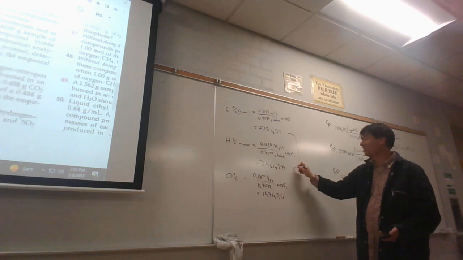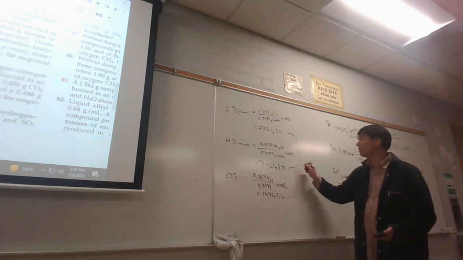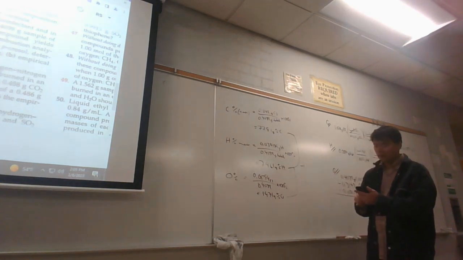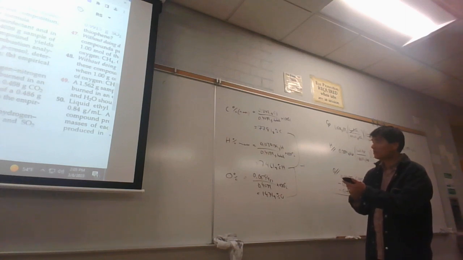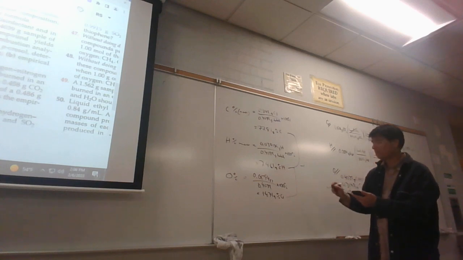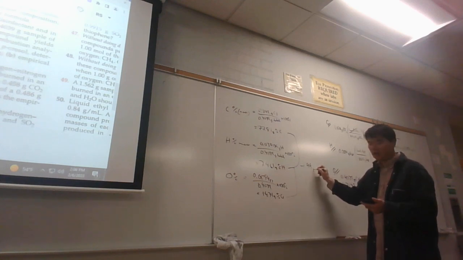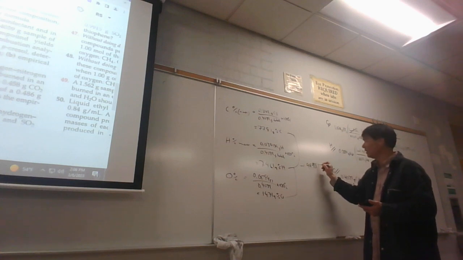These should add up to 100%, so let's see if they do. I'm going to take 77.818 plus 7.4619 plus 14.719. And I don't. I get 99.9989%.